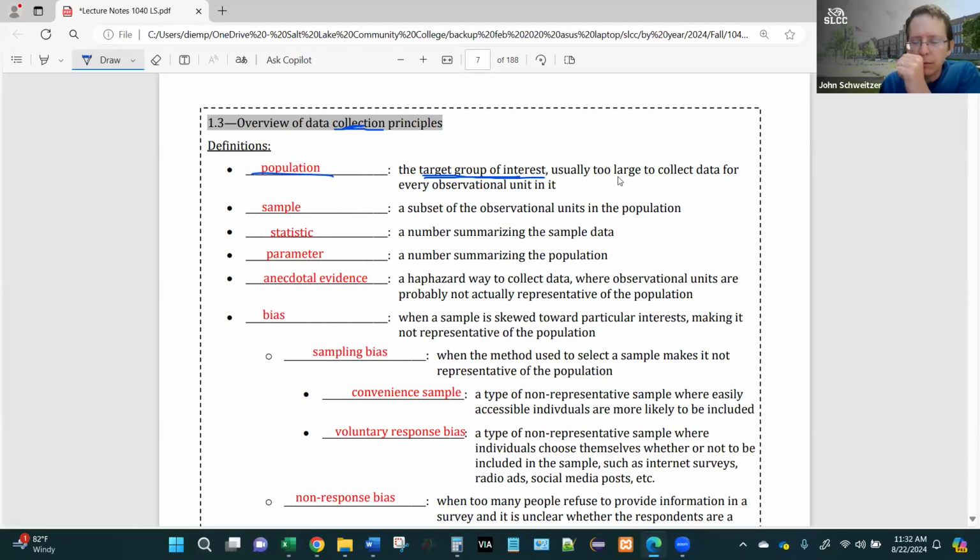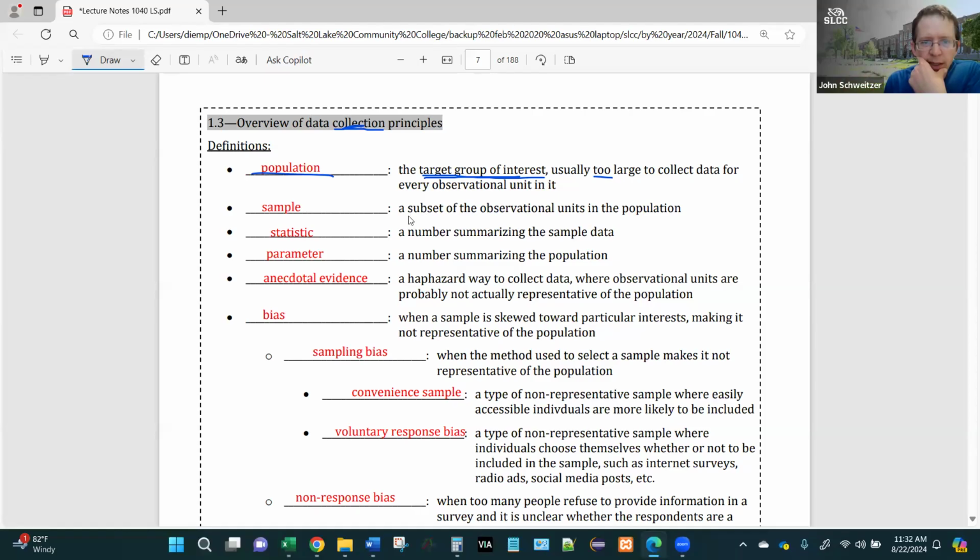But typically, not always, but typically, the group is large. It's so large that we can't collect data on everybody or everything in the population. Okay, so if you're studying people in Utah, for example, there's 2 or 3 million people. That's really hard to gather data on 2 or 3 million people. And if you're studying people in the US, then there's like 400 million people or so. And so it's really hard to collect data, or maybe impossible, from everybody.